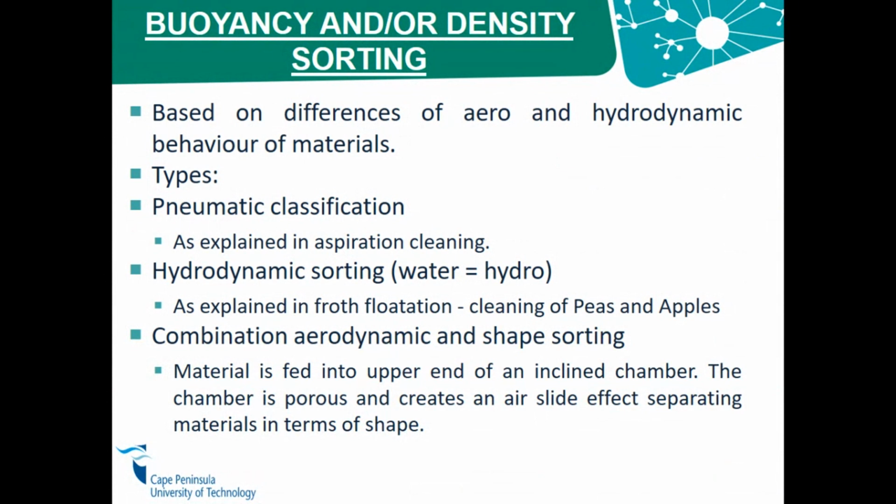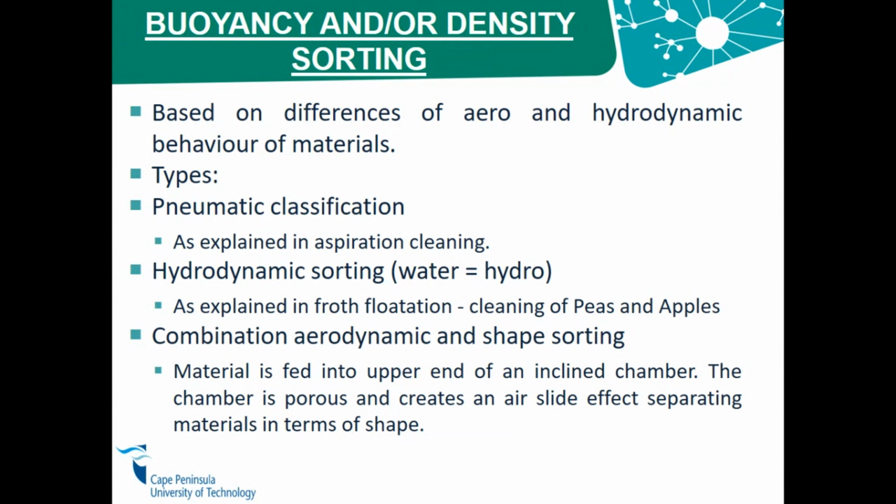So sorting raw materials on the basis of density can also be achieved using flotation in a brine at different concentrations. As explained in aspiration cleaning, we can also use pneumatic classification, hydrodynamic sorting, water sorting the raw materials using water, as explained in froth flotation of cleaning of apples.